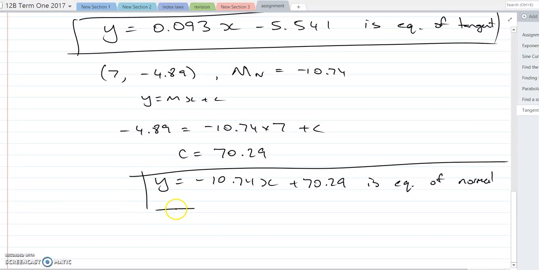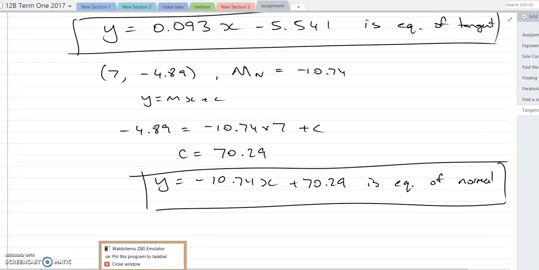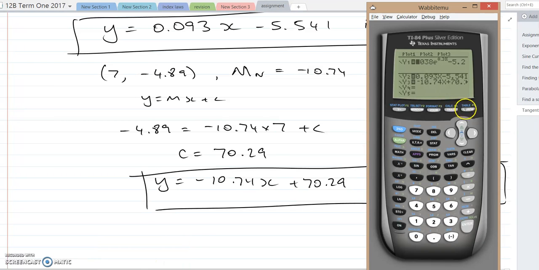Let me put them all in the calculator and see how they look. Here they all are. Well, that doesn't look too good. I've changed the window a bit.